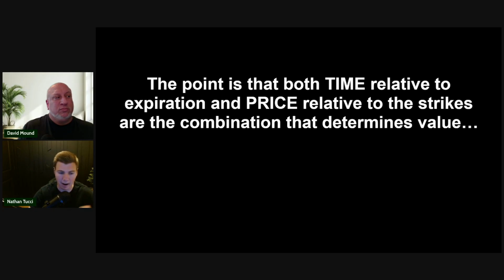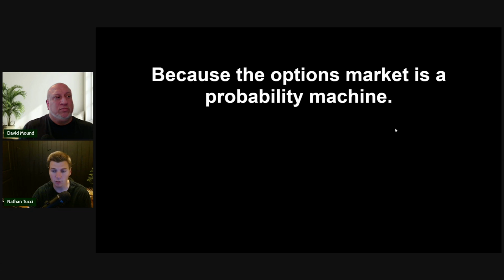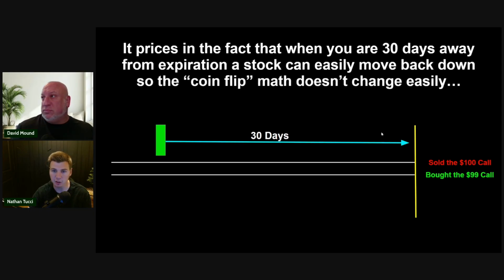And then you can maybe pile on some other factors, like how high is the VIX and things like that. But you can't really do anything without knowing time relative to expiration and price relative to the strikes. Those are the combinations because the options market is a probability machine. That's actually what it's measuring.